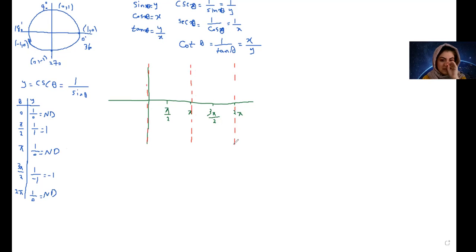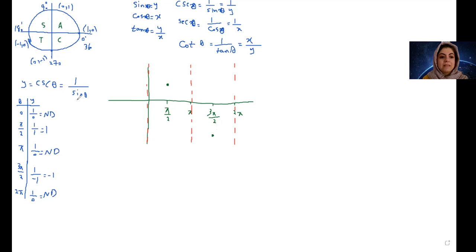Okay. Now, at pi over 2 is 1, so is there. And 3 pi over 2 is negative 1. Now what? I need to go toward asymptote. In first quadrant, see CAST.